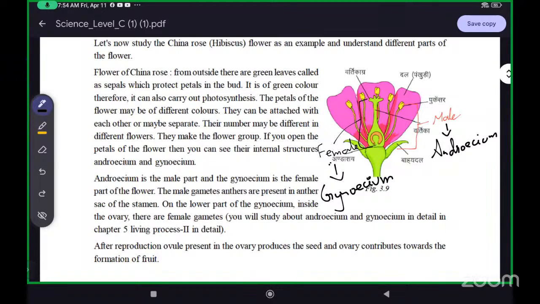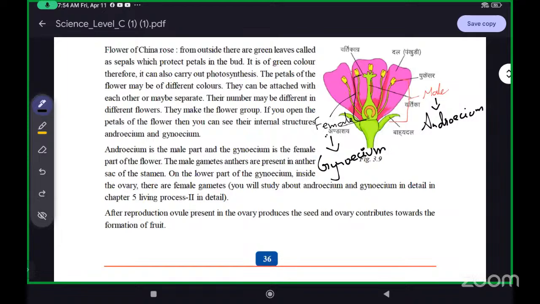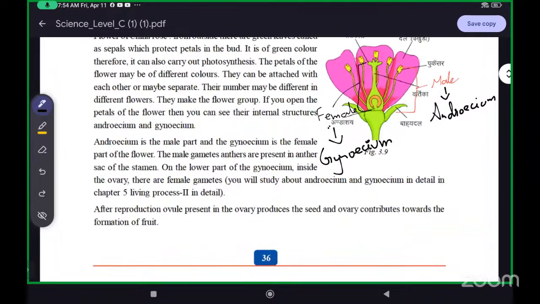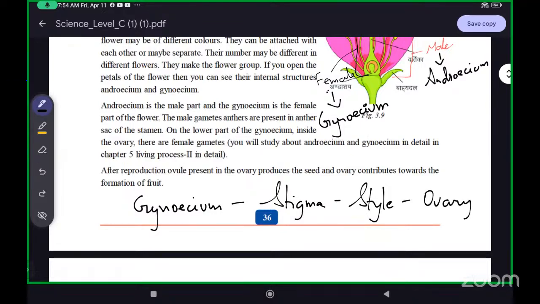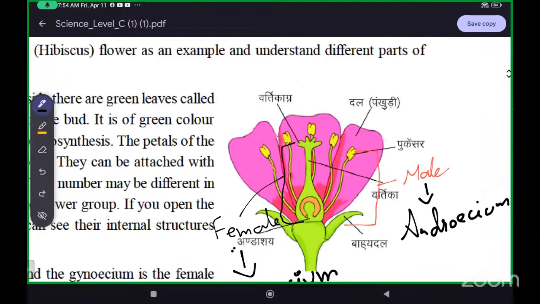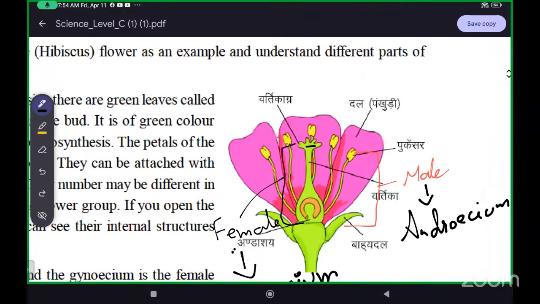In the gynoecium, the female part, we have three parts: stigma, style, and ovary. This is stigma, this is style, and this is ovary.